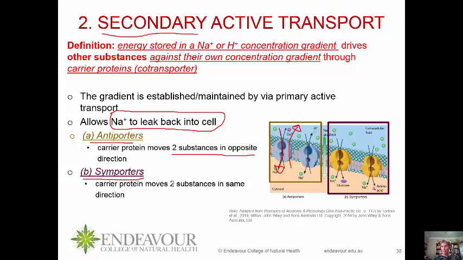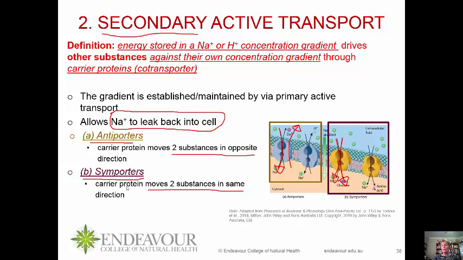Symporters, on the other hand, move two substances in the same direction. So what we've got here, once again, is sodium leaking back through with its concentration gradient. We also need to bring glucose into the cell, because that's the way that glucose likes to go, but it needs a carrier protein to do it.